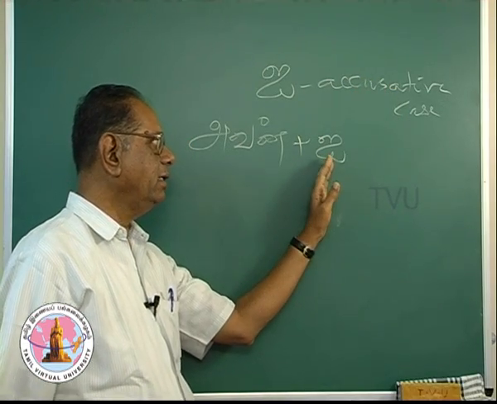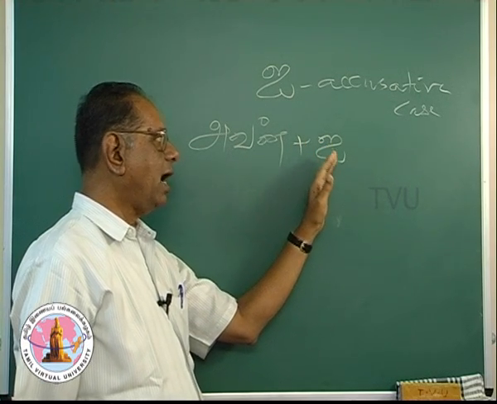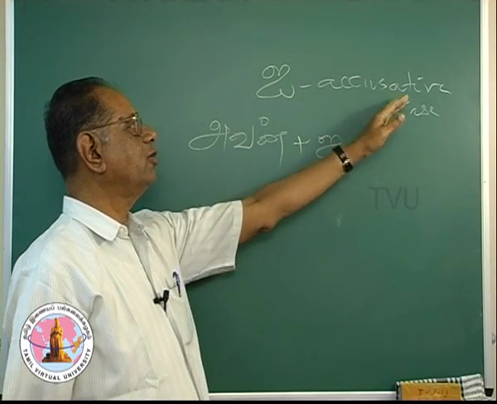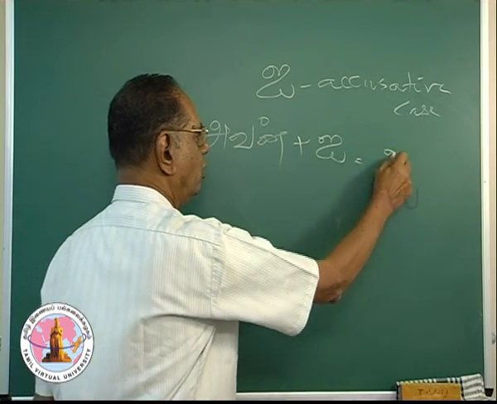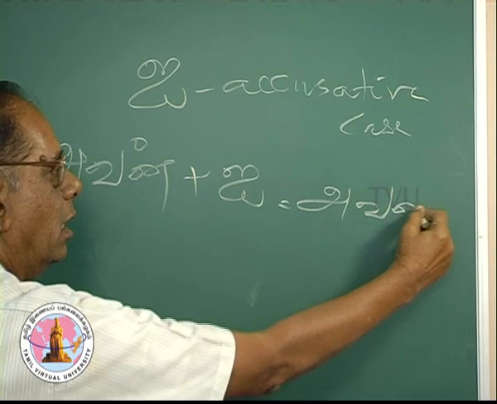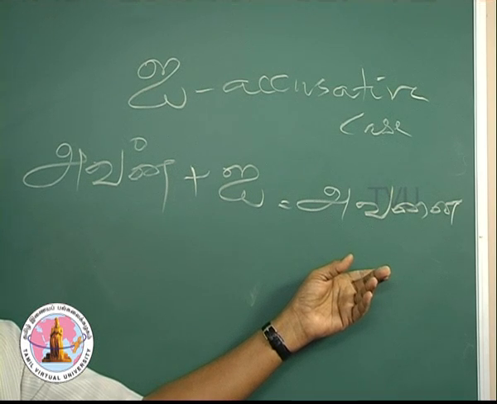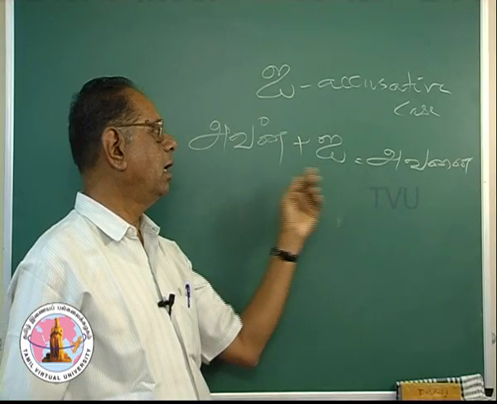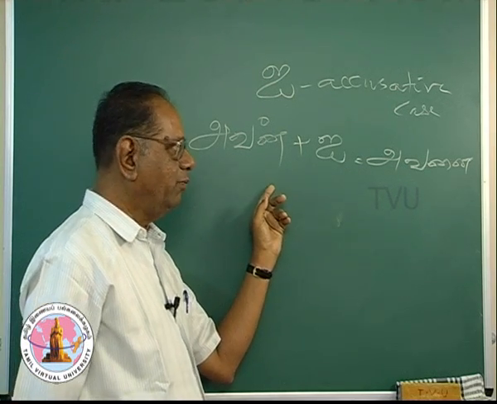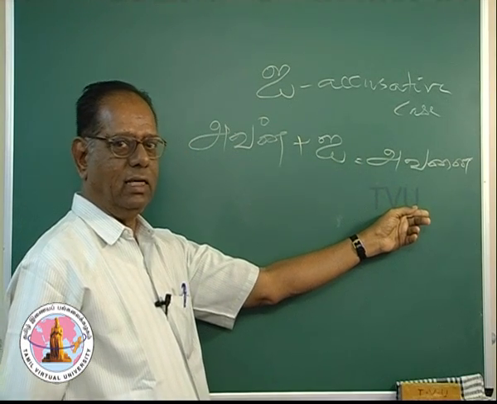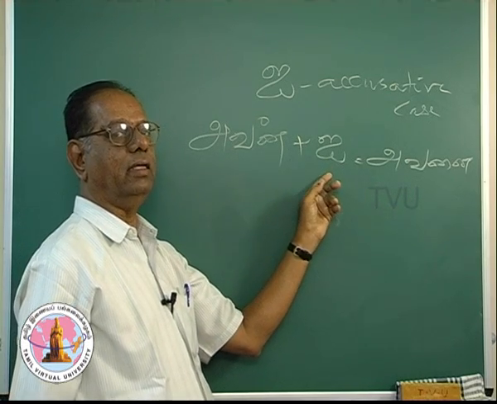I add this I, that is the case marker of accusative case, with a pronoun. Naturally, the combination will be avanai. Avan, a noun in the nominative case, becomes avanai in the accusative case because of this case marker I.